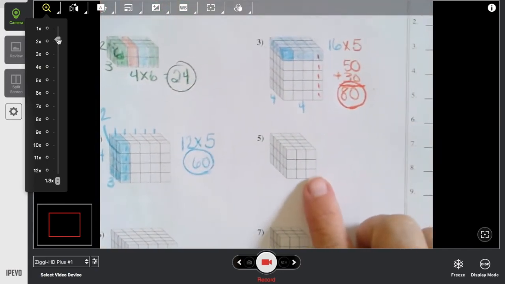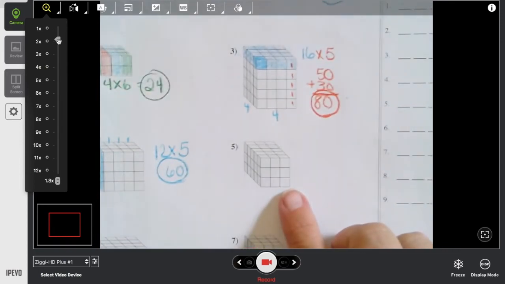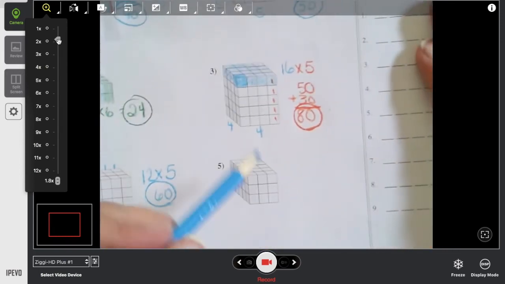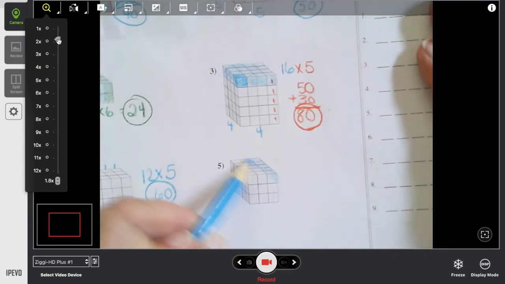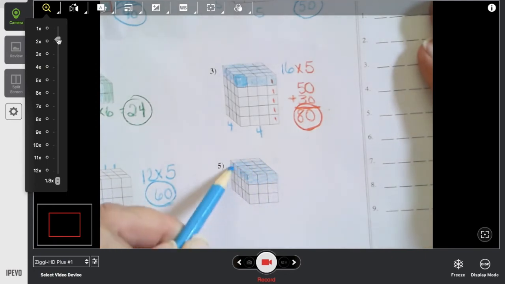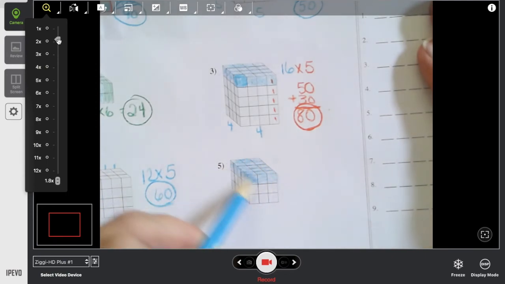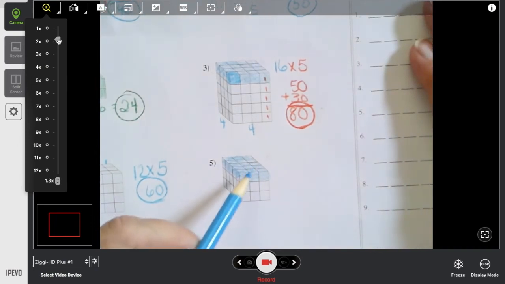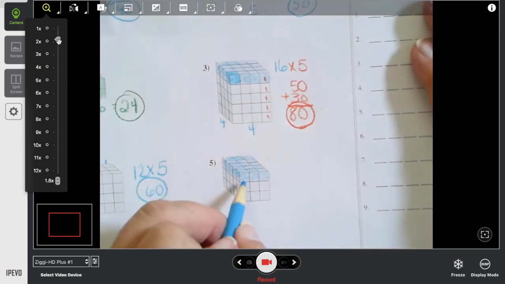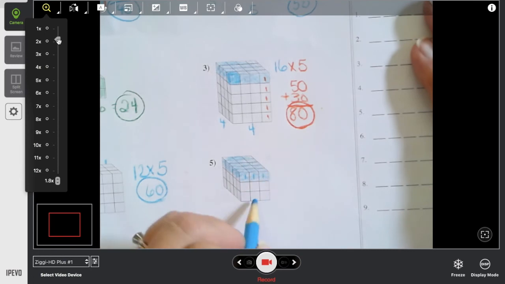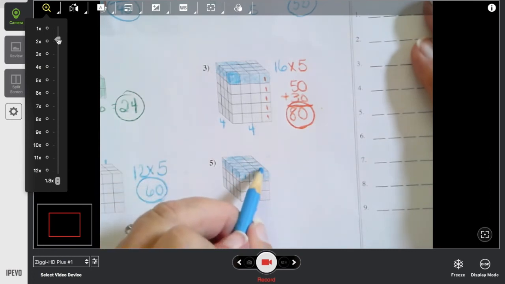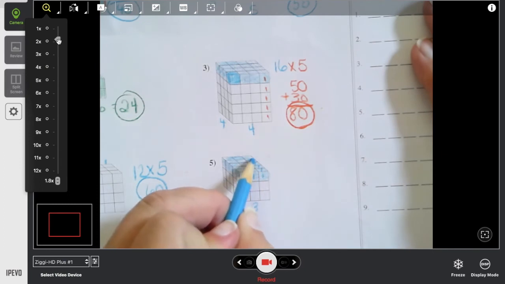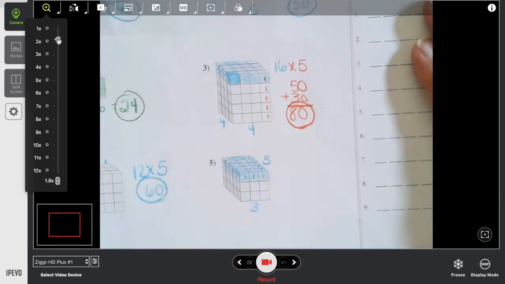One more. Here's our number 5. This one is a third dimension. So I'm going to take off that top layer. There we go. We have to figure out how many cubes make one layer. So I'm going to go across 1, 2, 3, 3 across, and we got to figure out how far back. 1, 2, 3, 4, 5. 3 by 5.